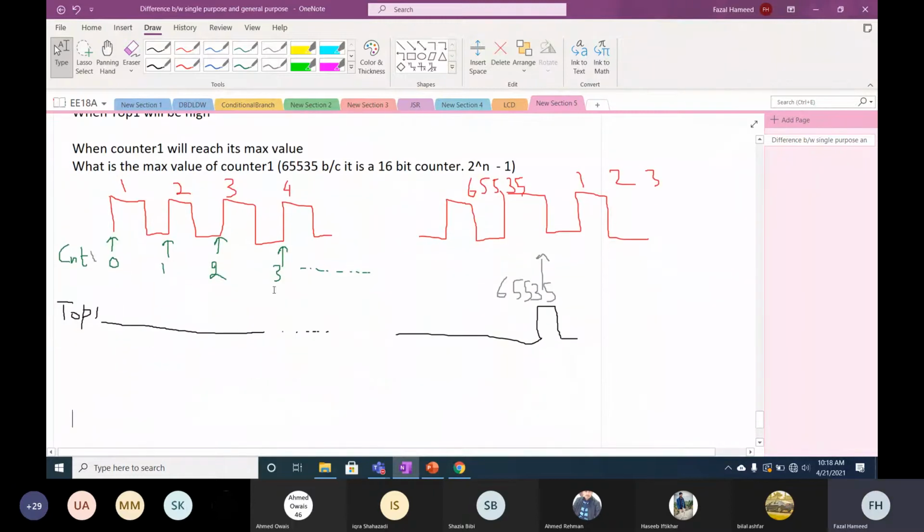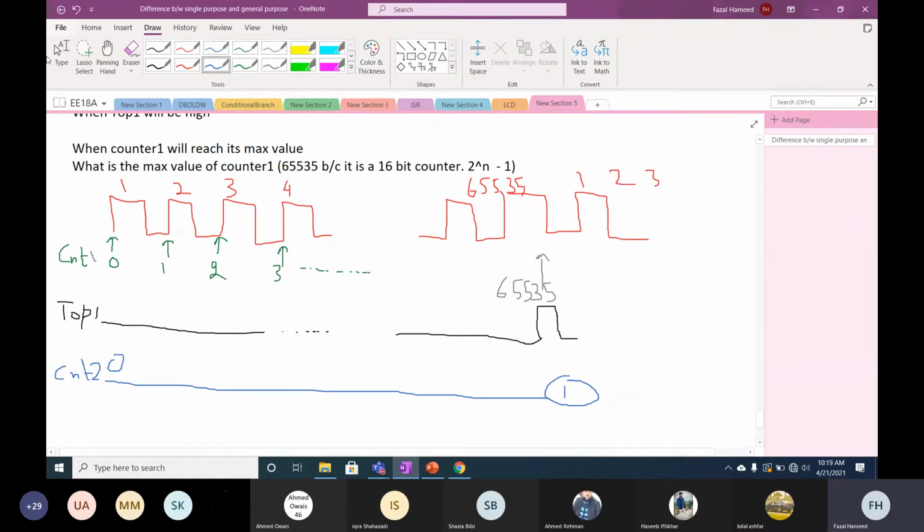At this point, top one is 1. What will be the value of count 2? Count 2 is 0. Is count 2 counting the clock or top one? Top one. So count 2 is 0, and now it will be 1, and this will go on.